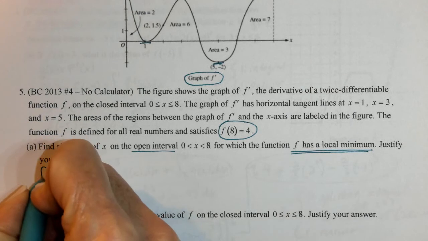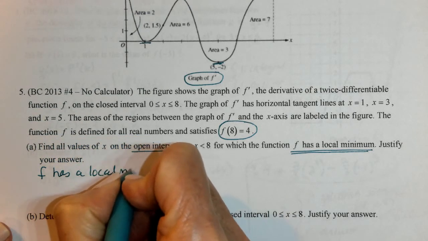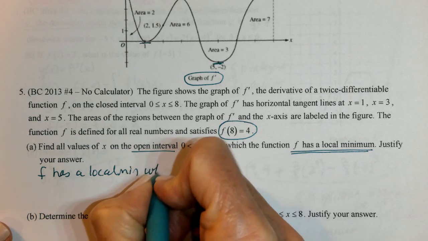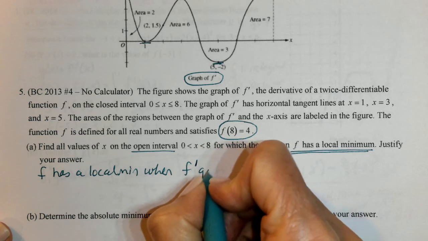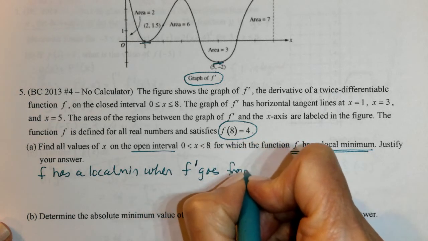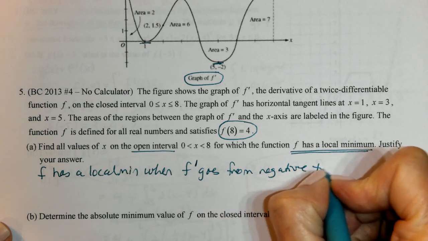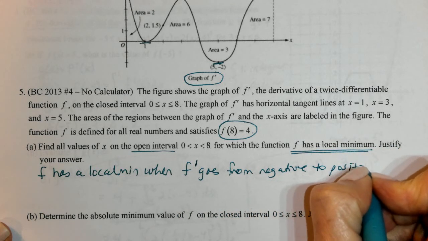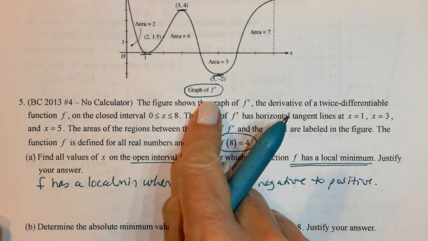Well, f has a local min when f prime goes from negative to positive. From negative to positive, and here's the graph of f prime.